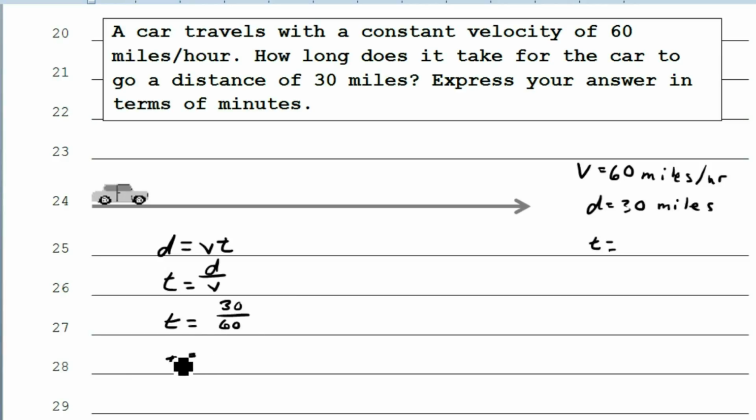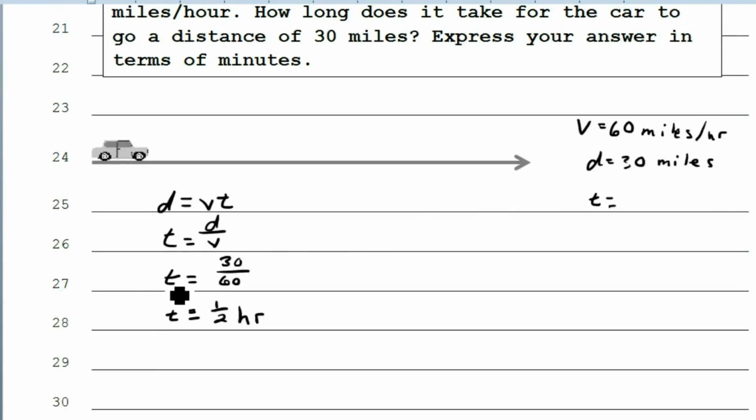So t would equal 1/2 hour. The problem wants us to express our answer in terms of minutes, and a half hour is 30 minutes. So 30 minutes is the answer.